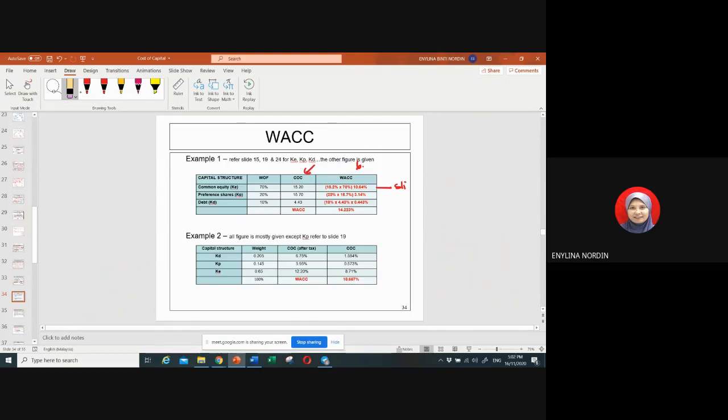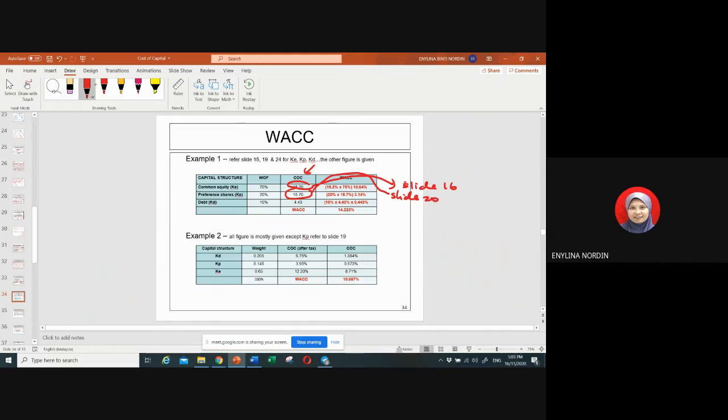Let me show here. So for 15.20, we get this figure from the example on slide 16. And for preference shares, we get this figure from slide number 20.